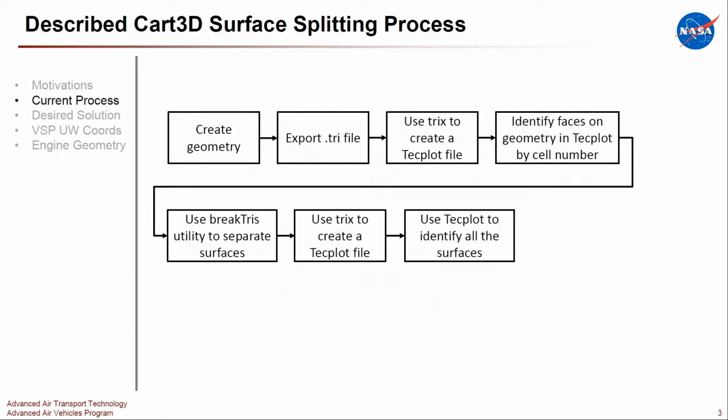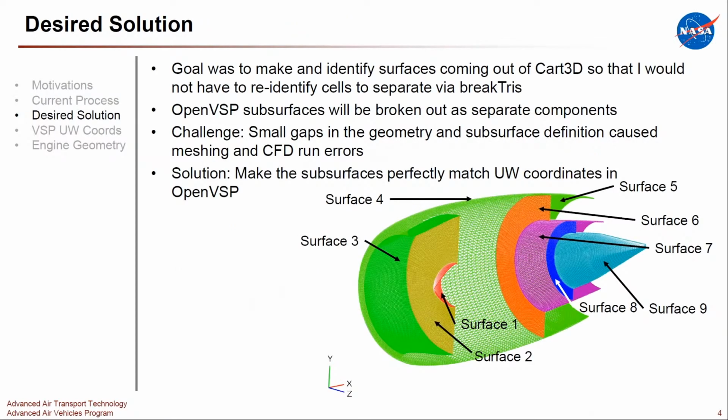Then once you have your broken geometry, you use Trix again to create a Tecplot file, and you can figure out which surfaces are your flow-through surfaces and which are your solid surfaces. Just a lot of steps. I wasn't very comfortable with all of this, especially going back and forth from Windows to Linux. It was time-consuming, so I said, can I just do the whole thing in VSP and not have to worry about it? We spent some time, and the answer is yes, basically.